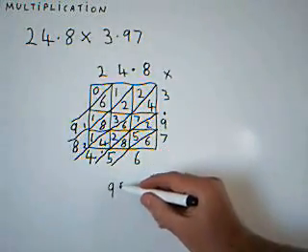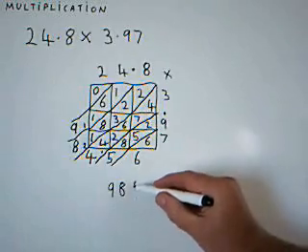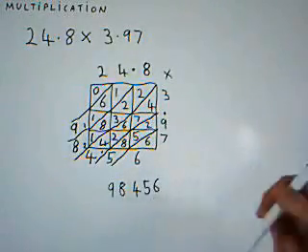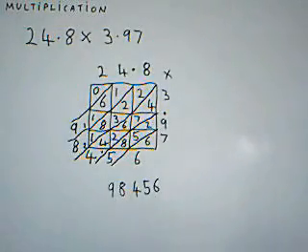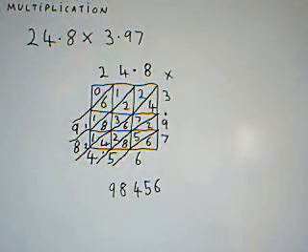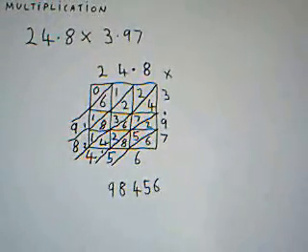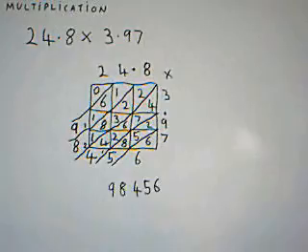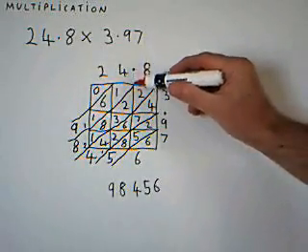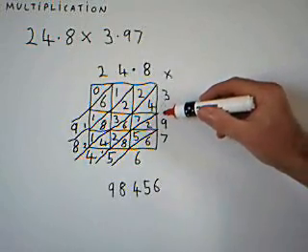9, 8, 4, 5, 6. And just to show you that we know it's 100, a good way of finding exactly where the decimal point goes if you were uncertain is to simply do this. See where the dot is there, the decimal point, and the 1 here.